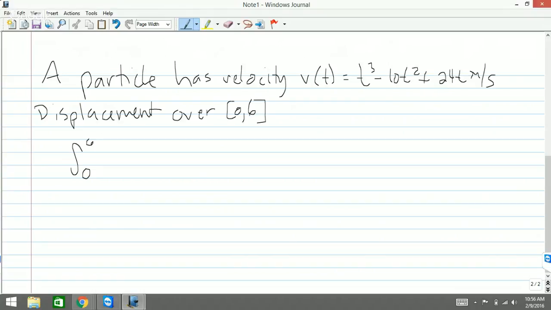There we go, we got a 6 on there now. So we have the integral from 0 to 6, and we write the function in. This is going to give us displacement. Just a regular old integral.